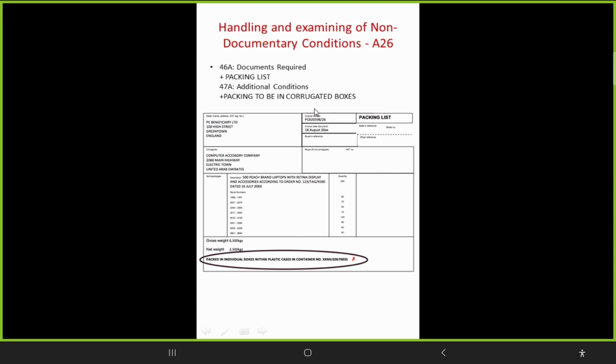Now, this is contradicting what is required in the documentary credit. What you should ideally do is, if it is an invoice, you don't need this information at all. They can definitely ignore this and stay silent regarding this information. But if at all they are giving this information, then it should be consistent with the DC requirement. That's how you treat a non-documentary condition.